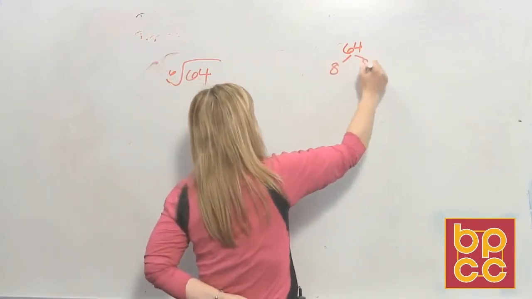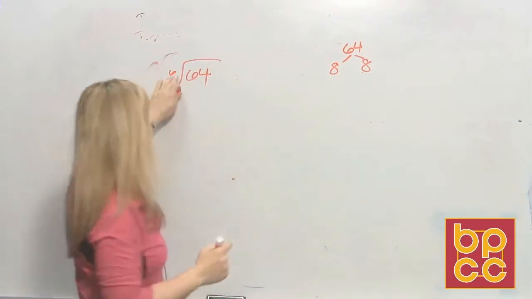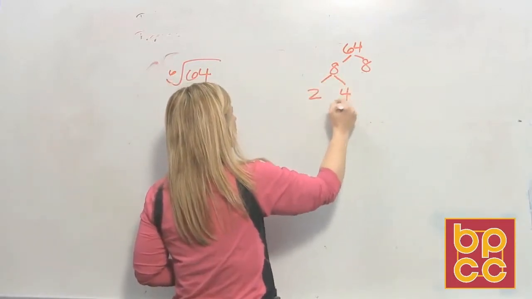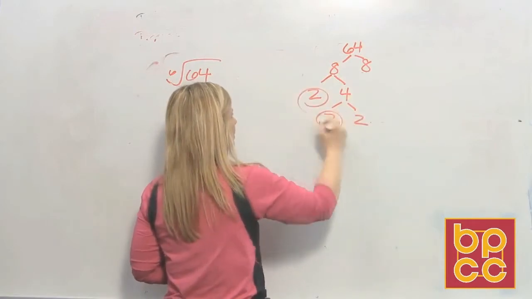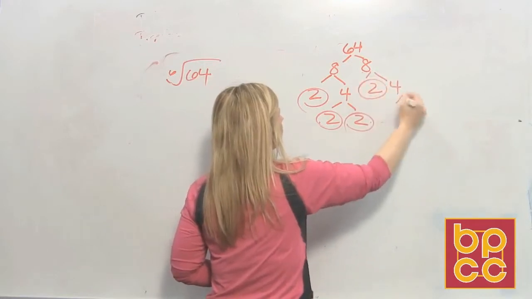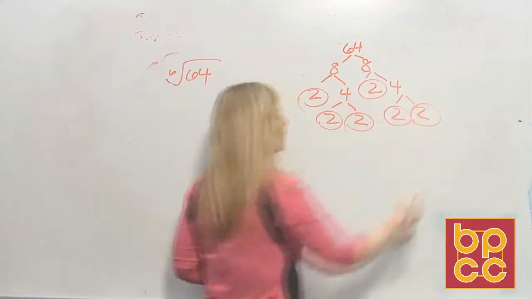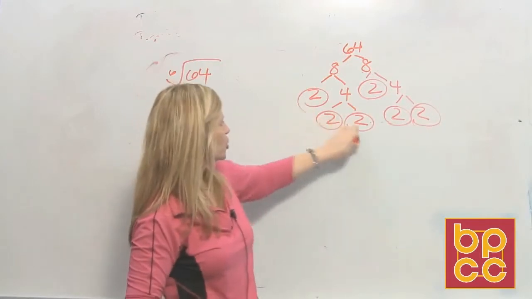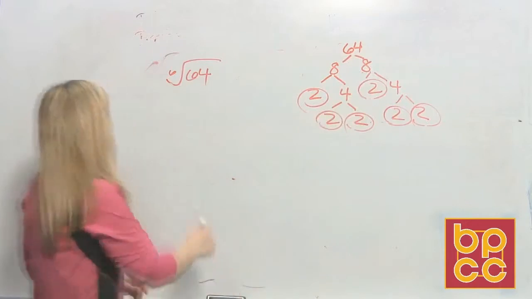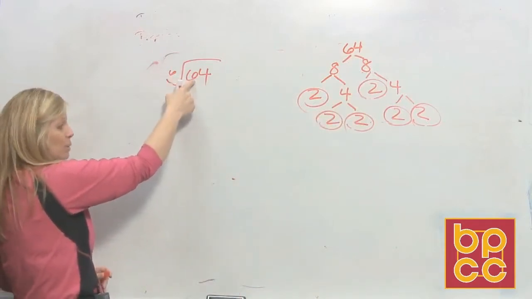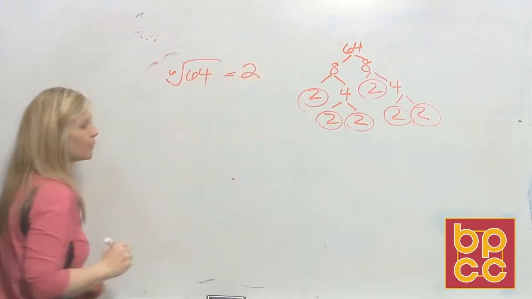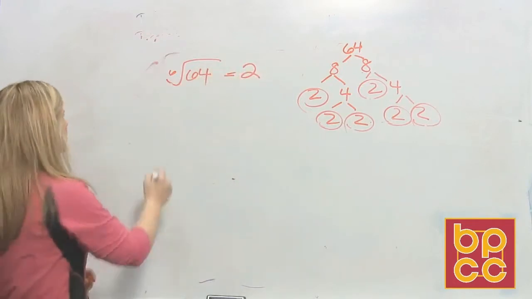So I know 64 is 8 times 8, but that's only 2 numbers. 6th root means I need 6 numbers. 8 is 2 and 4. 4 is 2 and 2. That's 3 numbers. Well, now it's obvious. If I take the number 2 and multiply it 6 times, I would get 64. So when I ask you this, the sixth root of 64, that's what I'm asking you. What number do you multiply 6 times that would give you 64? It is 2.